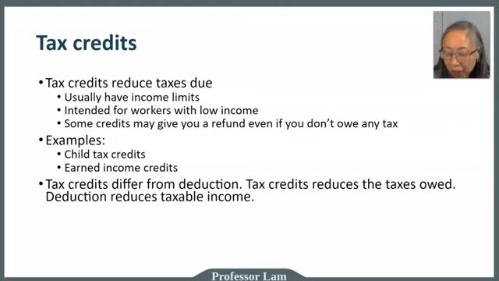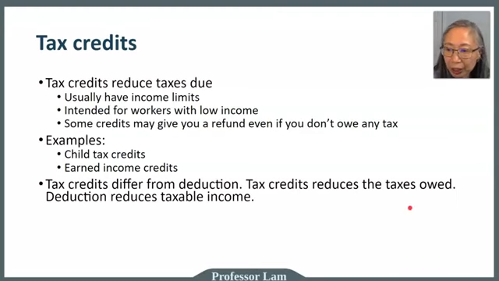Tax credits reduce the amount of tax that you owe, whereas deductions reduce your taxable income. And again, even if you don't owe any tax, you can still qualify for a refund under some tax credits.